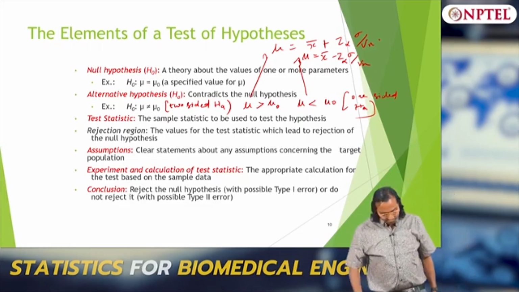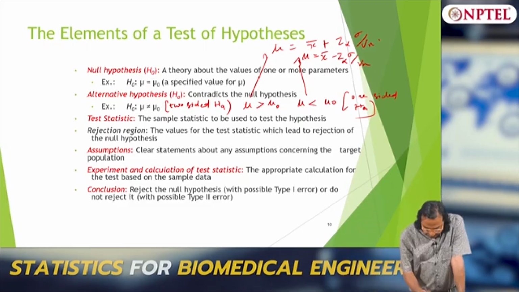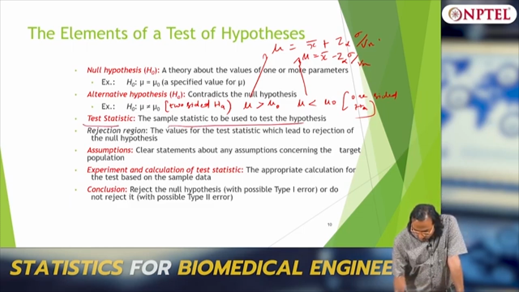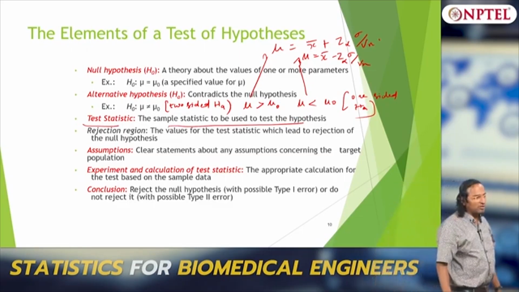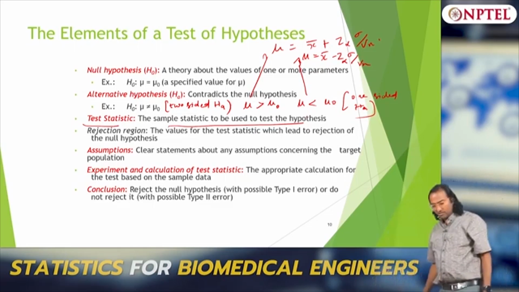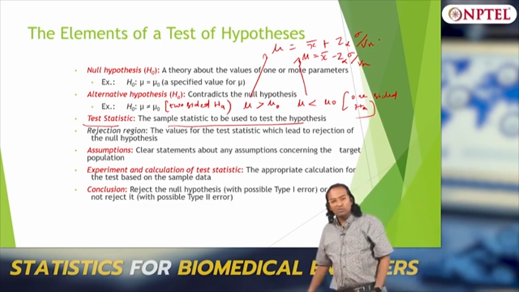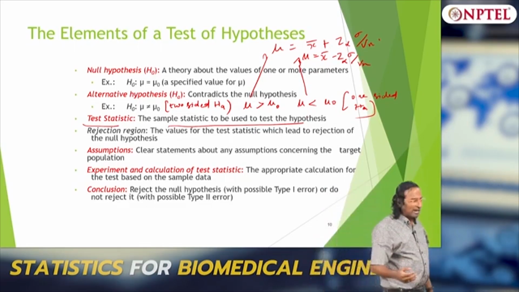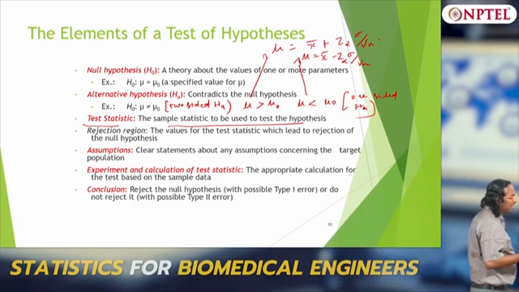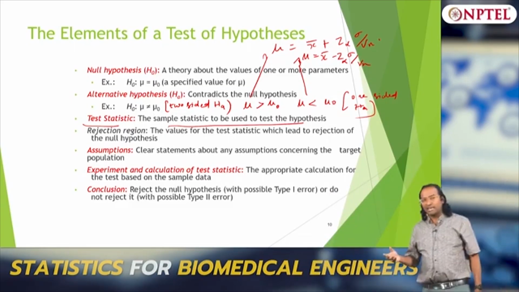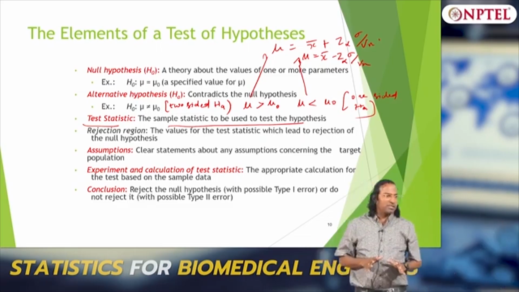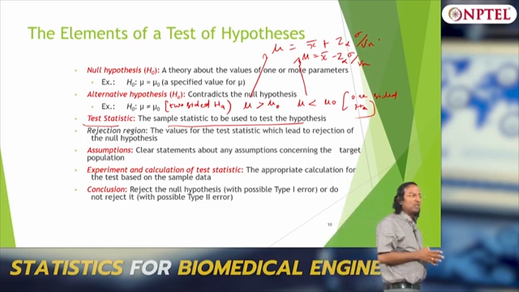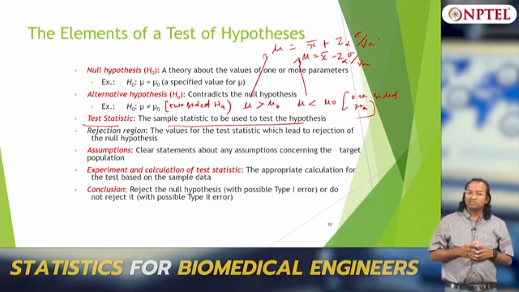And then the test statistic is nothing but the sample statistic to be used to test the hypothesis. What is it in our case for mu? So you have the null hypothesis, and the alternate hypothesis is of two types, one is the two sided hypothesis, the other one is a one sided hypothesis, and then you have a test statistic.